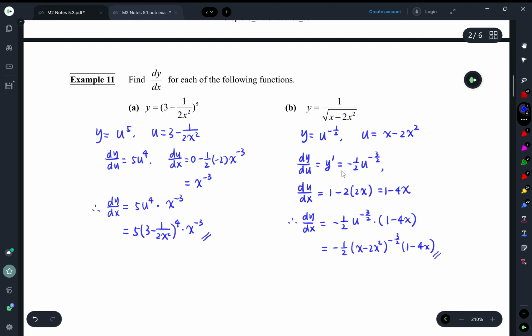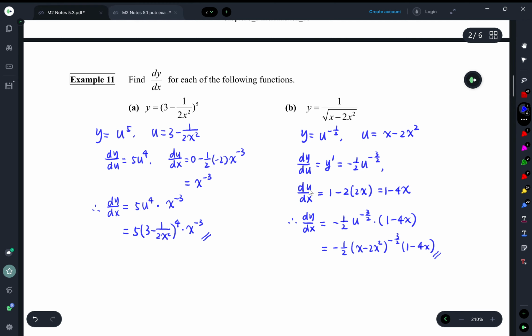Because the second notation I don't know with respect to what. You have to say it. And the first notation is very clear. It's not dy dx, it's dy du. So dy du, with respect to u, is negative 1 over 2 u to the power negative 3 over 2.